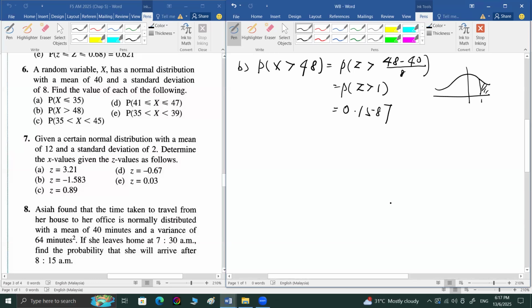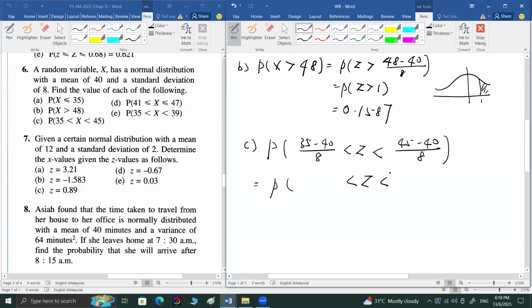Now I know the way. What about the in-between one? You change directly to Z. I'm lazy to copy the question already. 35 minus mean over the standard deviation, and 45 minus mean over the standard deviation.